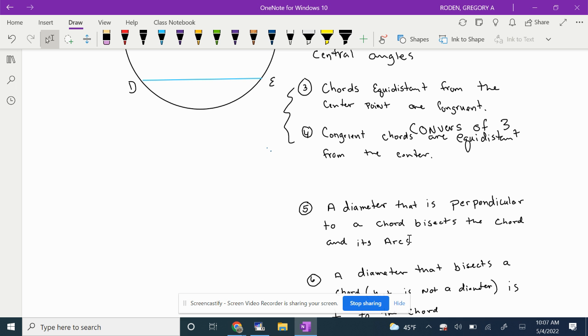Okay? So let's see what that means. By definition, a diameter is a very special chord that contains the center point. You guys understand that? That's the way you can think of diameters.